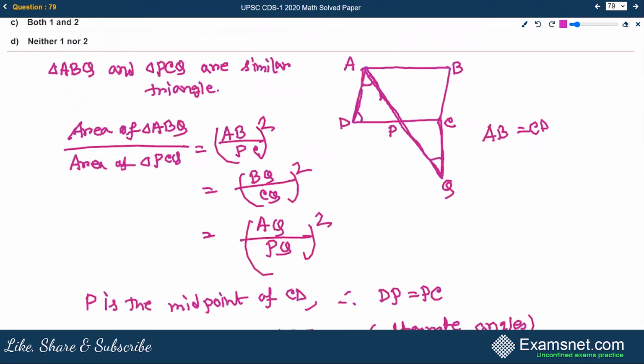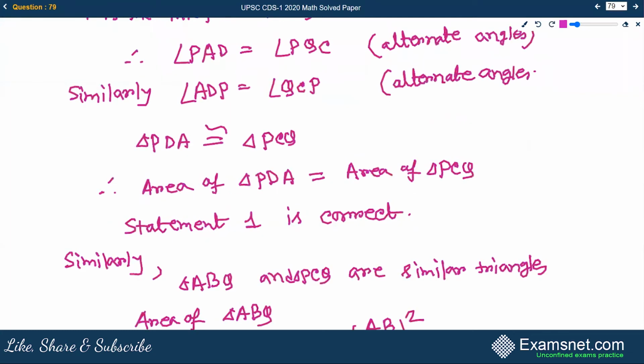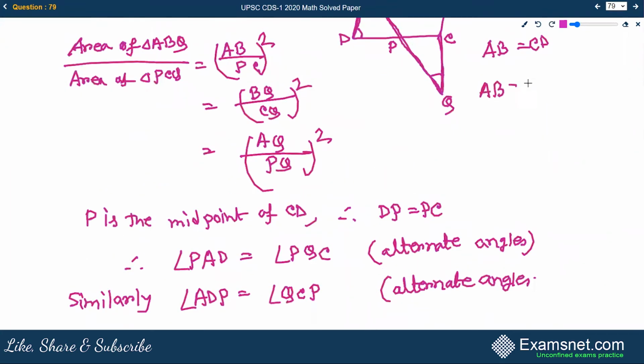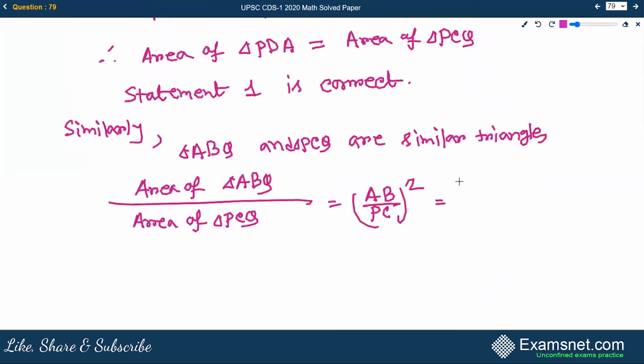So AB is twice PC here, since P is the midpoint. Correct. Now let's put this in place of AB: twice PC by PC, whole square.